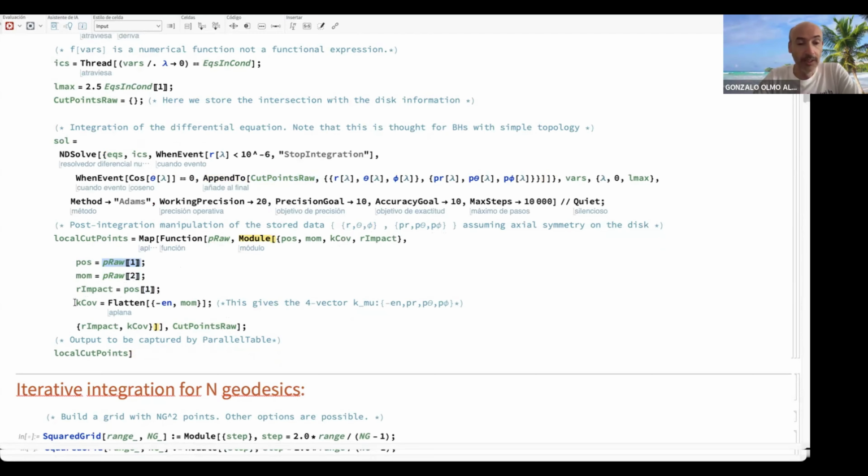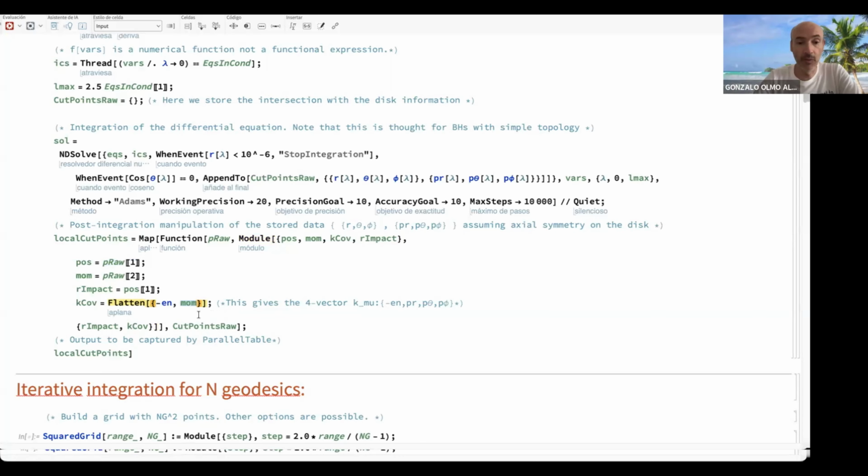What we are doing now is to define the radial impact position, which is the first component of this vector, which is r, and then we build the covariant momentum vector as this 4-momentum, this 4-vector, okay? The first component is minus energy, and the 3 other components is this vector here.